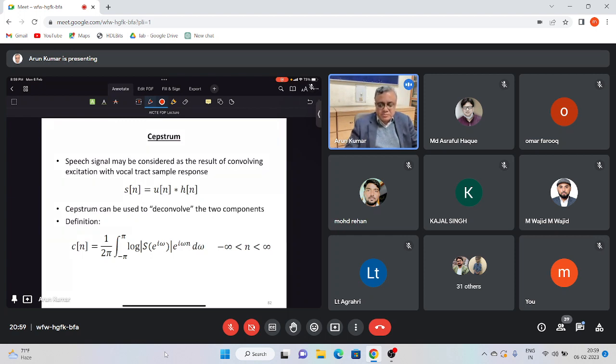So what is cepstrum? The speech signal may be considered as a result of convolving an excitation signal with the vocal tract. Right? So cepstrum can be used to deconvolve the two components, that is the excitation signal, which is input to the vocal tract, and the vocal tract impulse response.